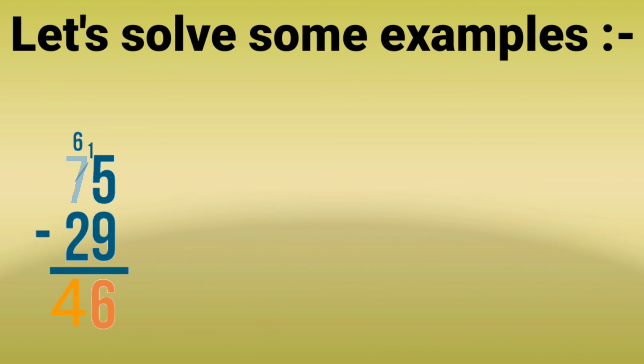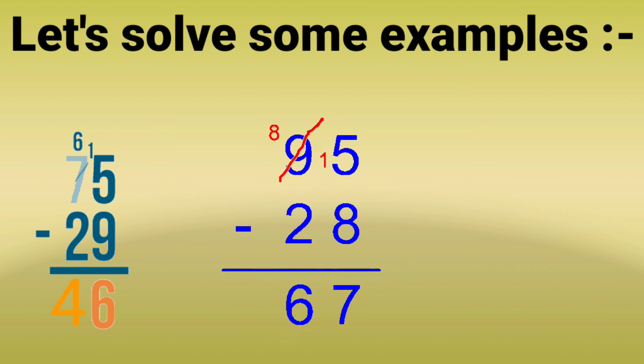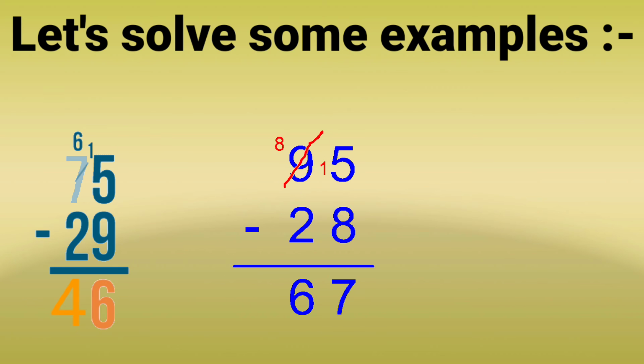Let's take second example, 95 minus 28. So as you can see, here the number 8 cannot be subtracted from 5. So we will borrow 10 from 9. As we borrow 10 from 9, then one digit will be subtracted from 9.